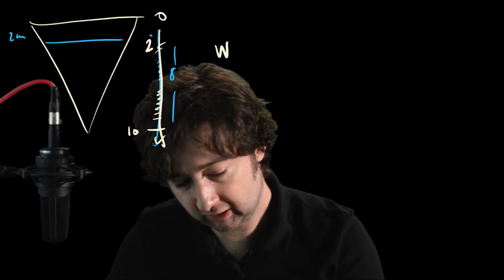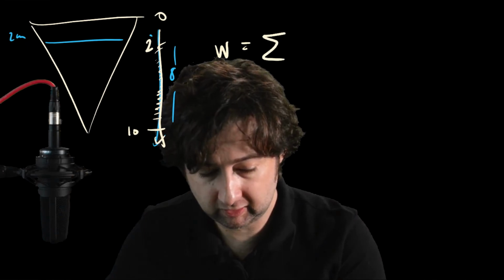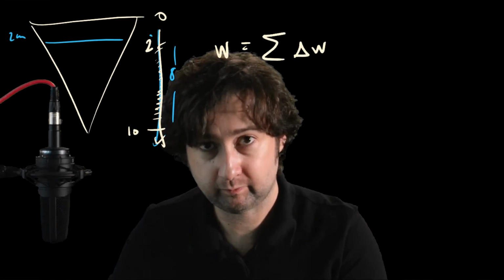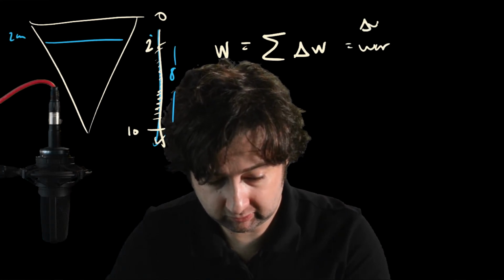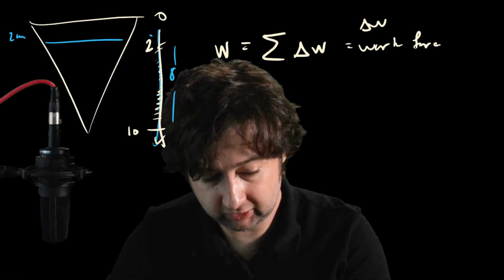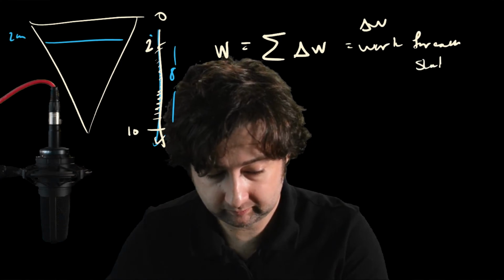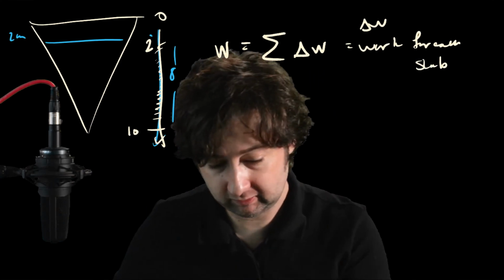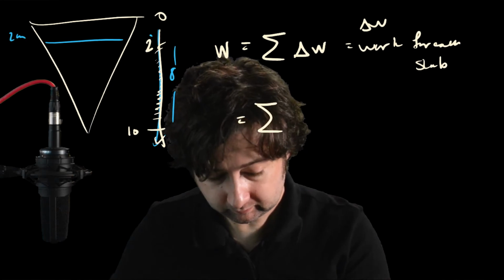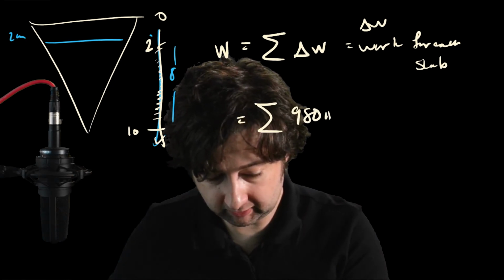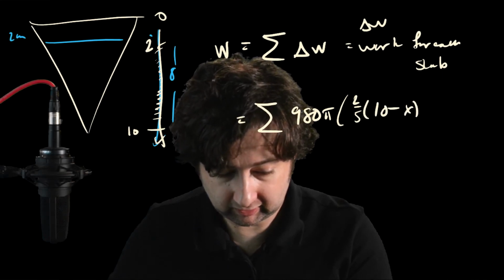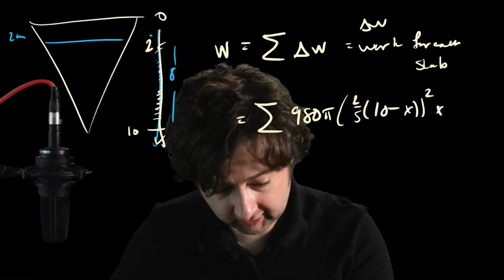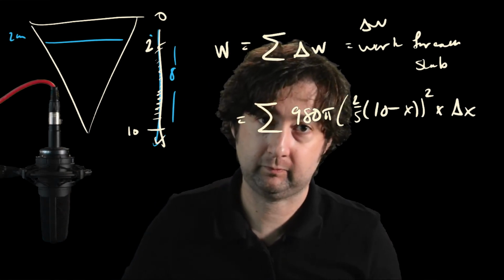And so the work done is going to be equal to the sum of the little works, right? This is the work delta W, equal to the work for each slab. But I have an expression for that, which was 980 pi times 2/5 (10 minus x) squared times x delta x.